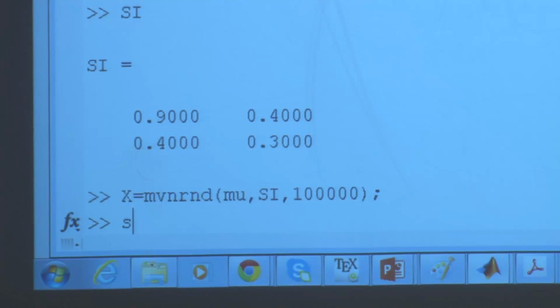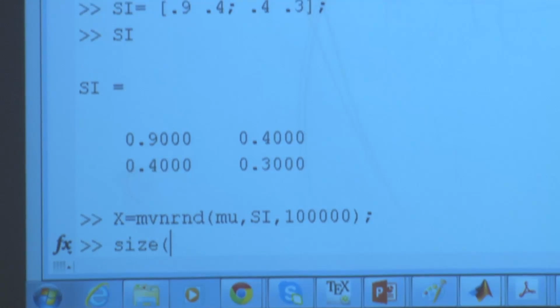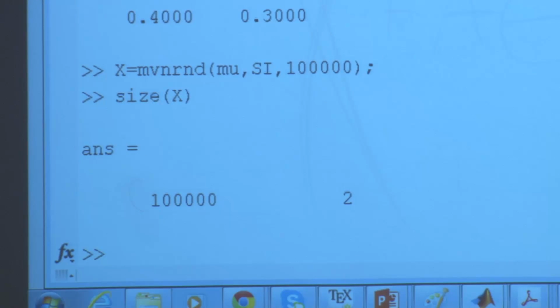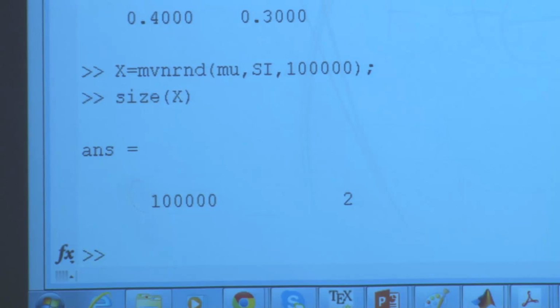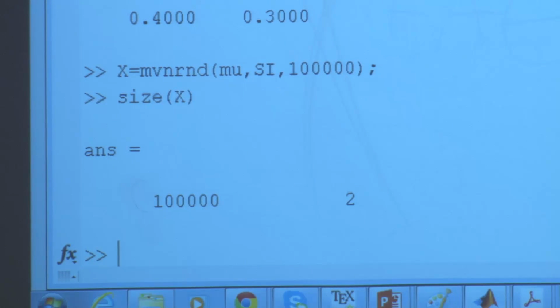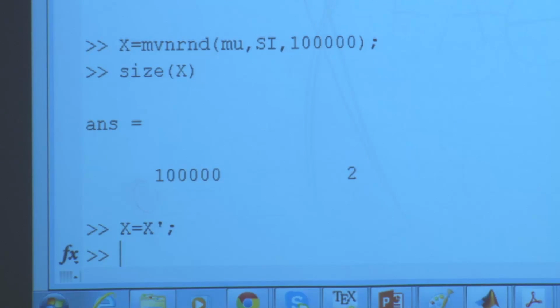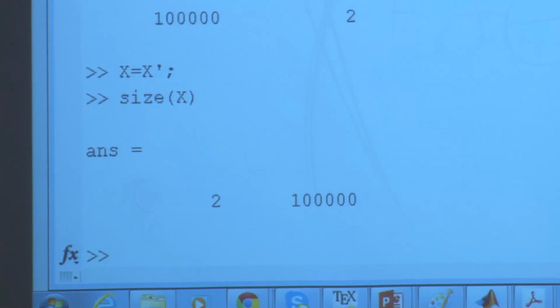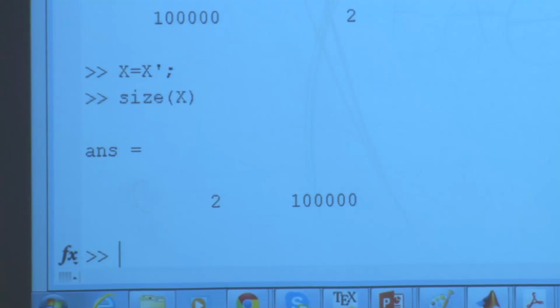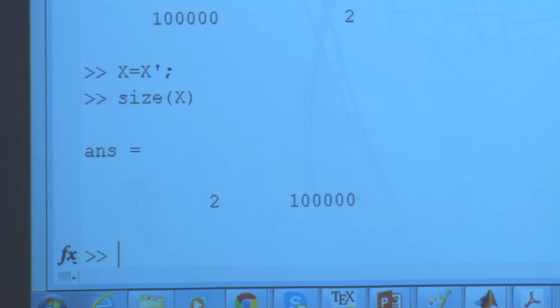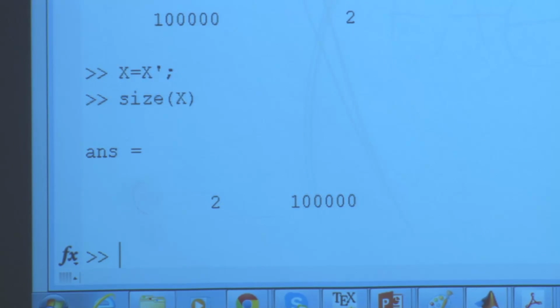So if you look at X, it's a 100,000 by 2 matrix. To have the same convention that we use, I would just take the transpose of this, because we always treat data matrices as dimension by number of data points, d by n.